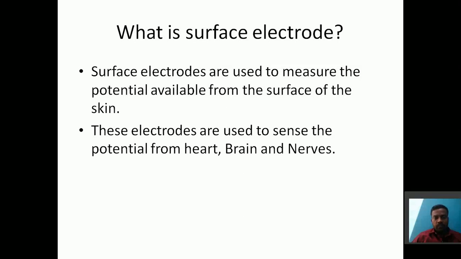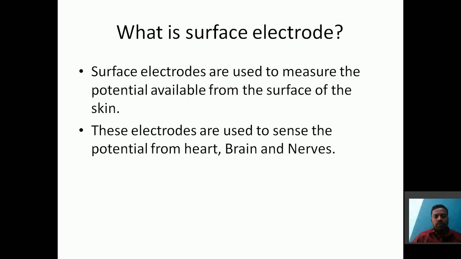Over the surface of the skin we can measure the biomedical voltages, so these electrodes are called surface electrodes.